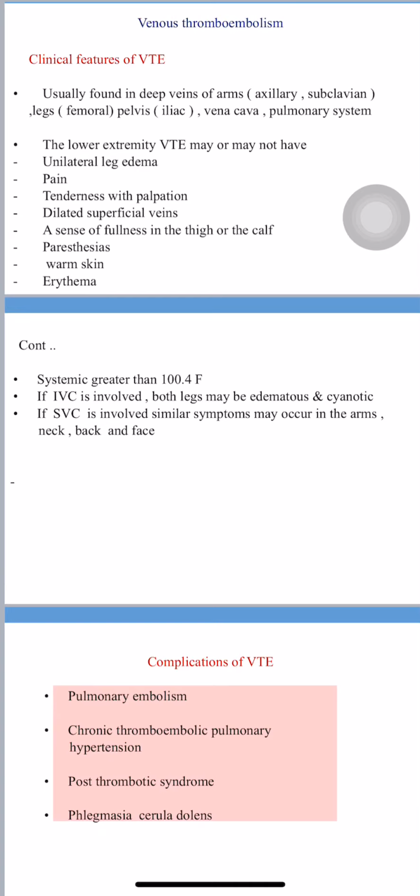And if the inferior vena cava is involved, both legs may be edematous and cyanotic. And if the superior vena cava is involved, similar symptoms occur in the arms, neck, back, and face. So these are the common clinical features of venous thromboembolism.